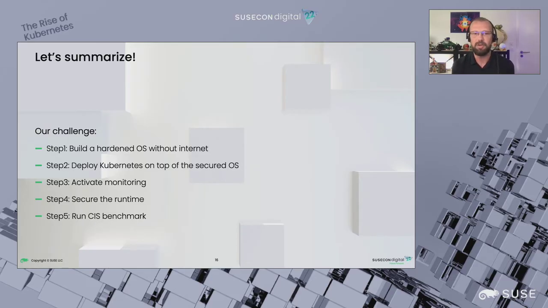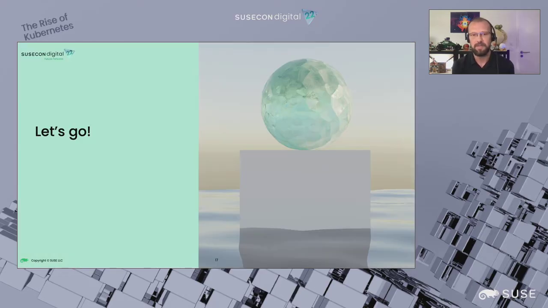Then we're going to ensure that all of that is secured by activating the monitoring. Then we're going to build a secured workload by securing the runtime. And at the end, we also run the CIS benchmark to ensure that this workload and container orchestration level is secured and compliant with the CIS benchmark. So let's go.